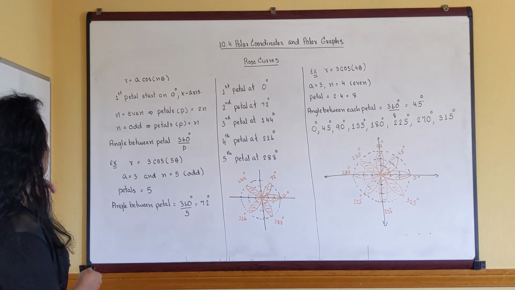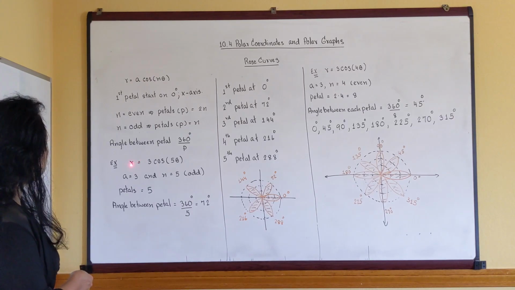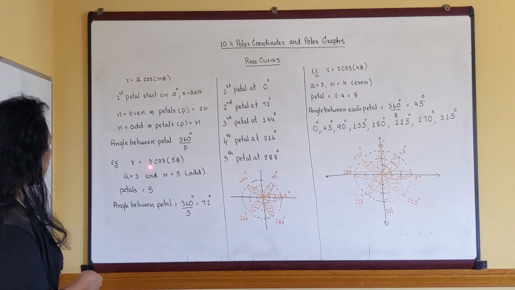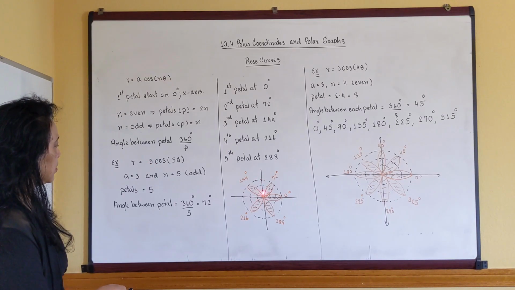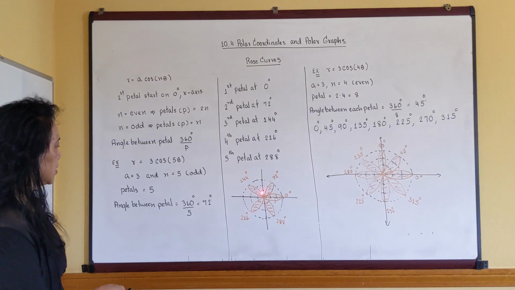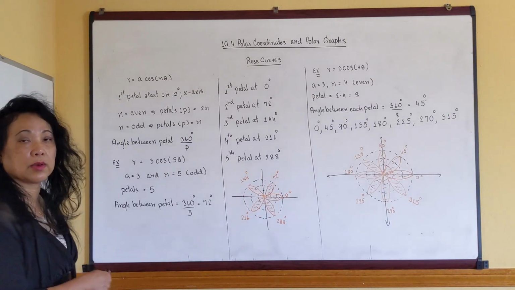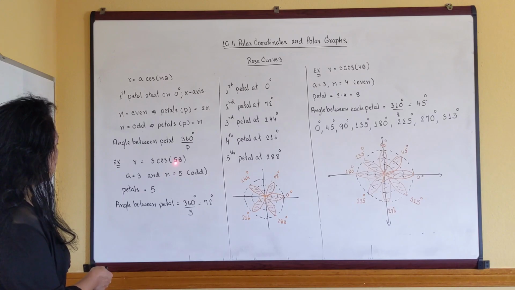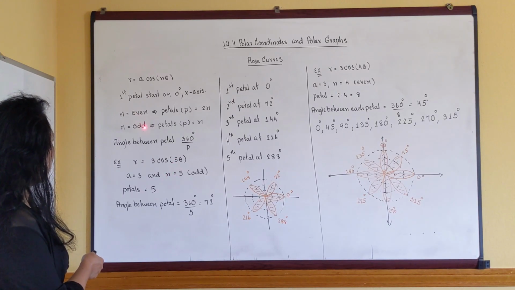Let's look at an example here. So I have r equal to 3 cosine 5 theta. A is 3, so I have 3 units here. You see the circles: 1 circle, 2 circle, and 3 circle. That's my 3 there, my a. N is 5, which is odd.